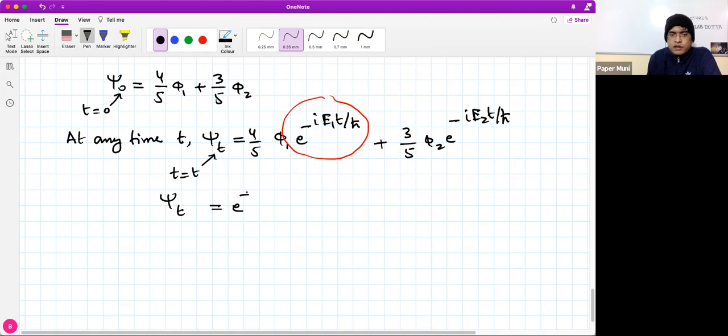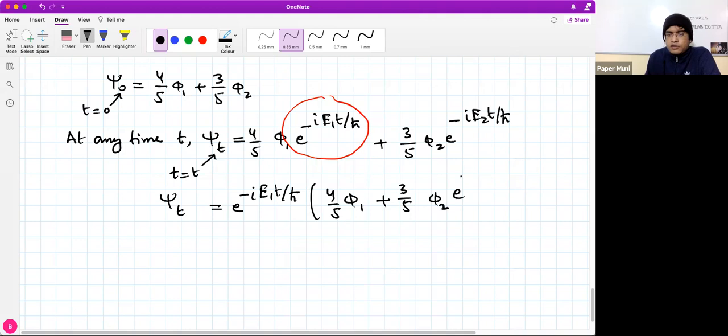We get e to the power minus iota E1 t by h cross, times 4 by 5 phi 1 plus 3 by 5 phi 2, and this remains as it is.